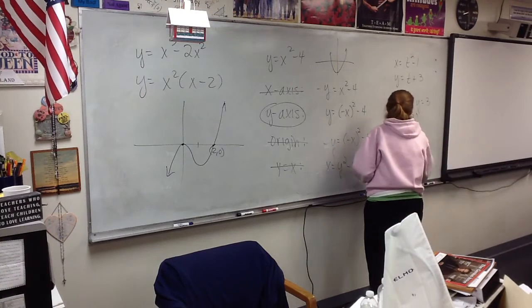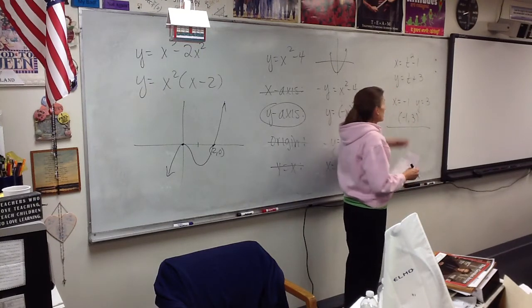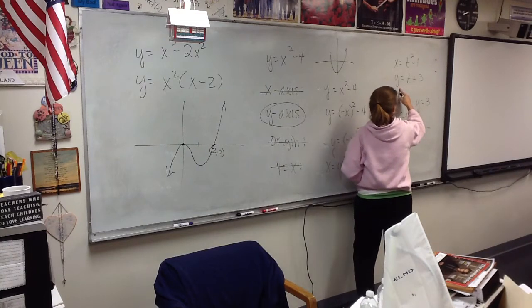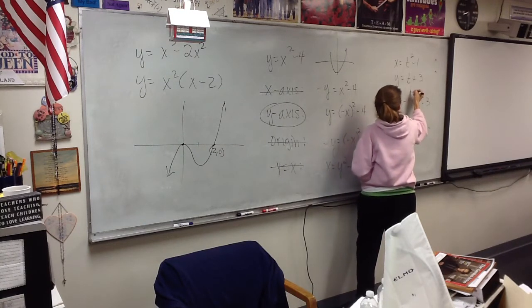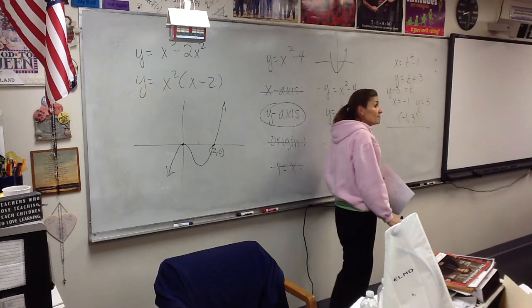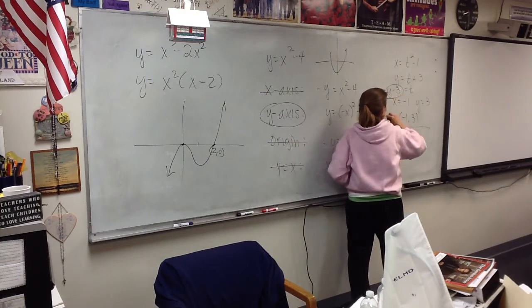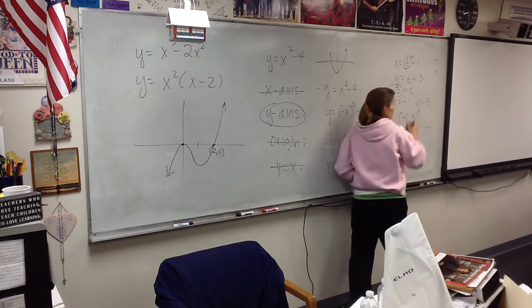If I am going to eliminate the parameter here, I am simply going to take one of my equations, probably this one, and get t by itself. So this equation would say t equals y minus 3, right? Then I will take this y minus 3 and plug it in right there.